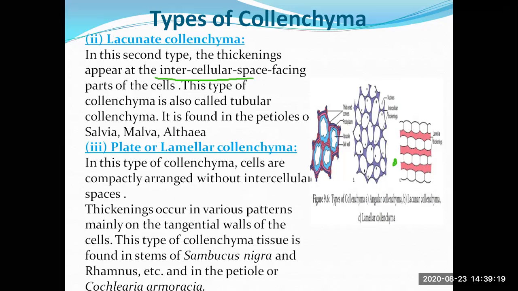And next, the third and last one is plate collenchyma, or lamellar collenchyma. Here the cells are arranged very close, compactly, without any intracellular spaces. See, these are the cells.